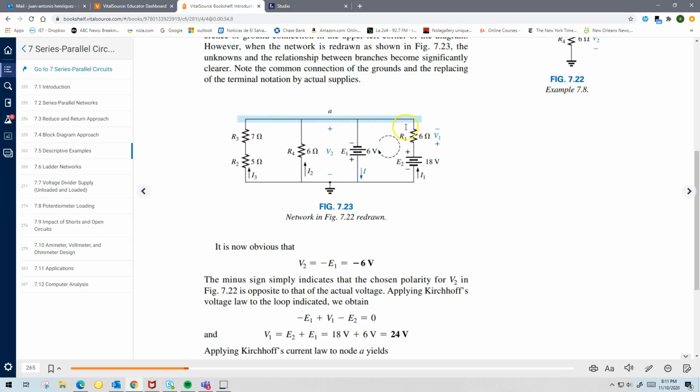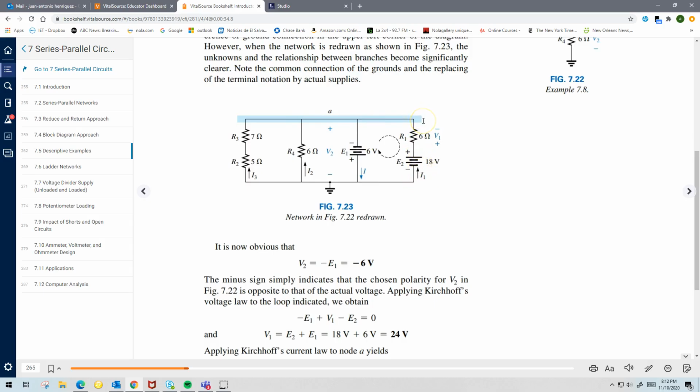Some of the currents going into the node, some of the currents coming out of the node. So I3 is the same current going through these two resistors into node A. I2 is the current through R4 going into node A. This I is coming out of node A, but this I1 is coming into node A.